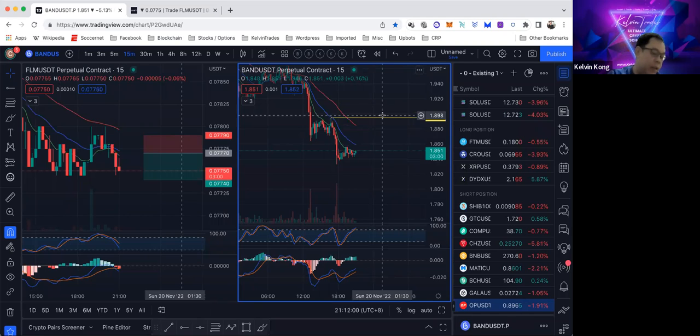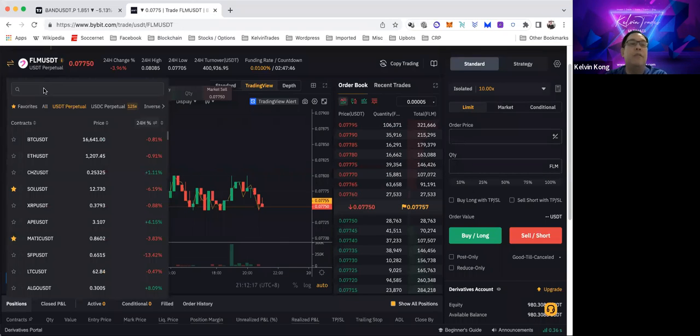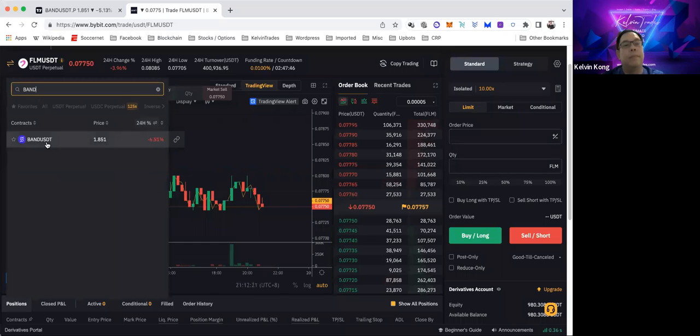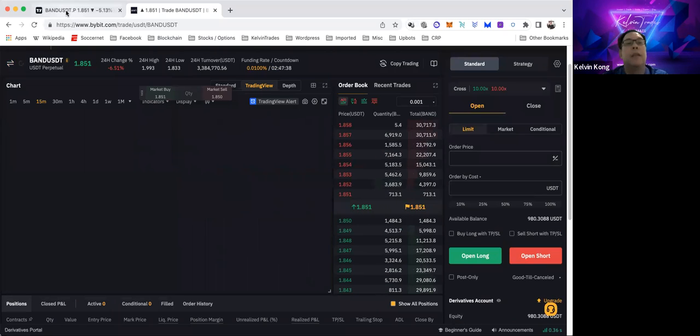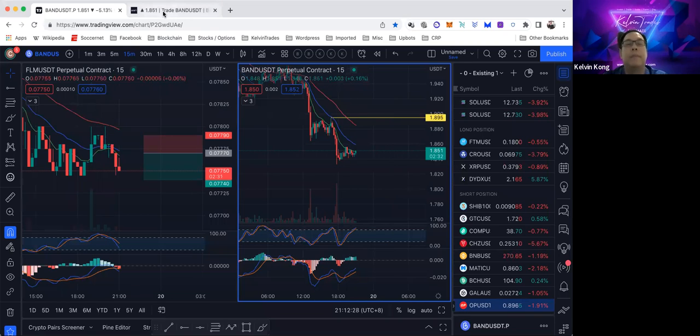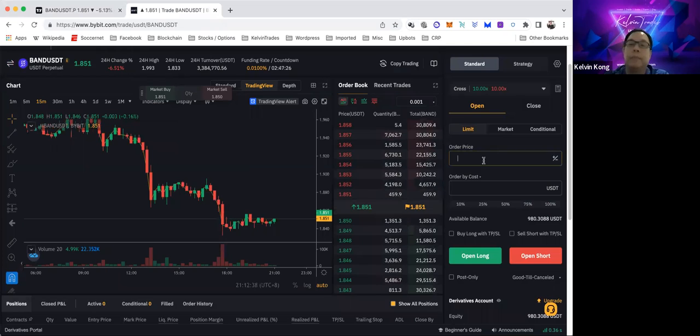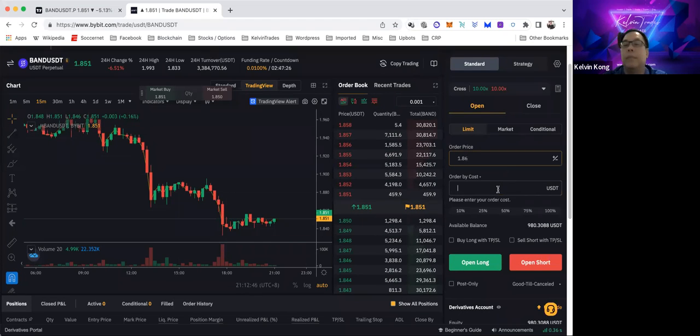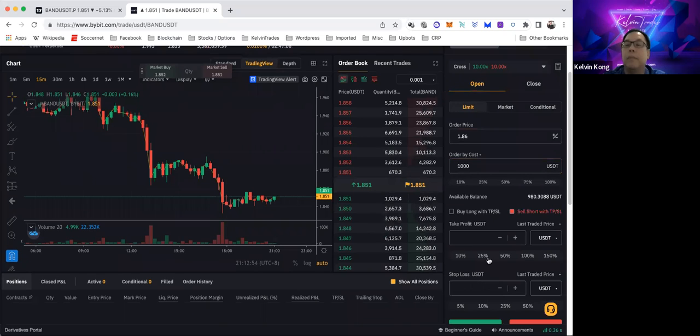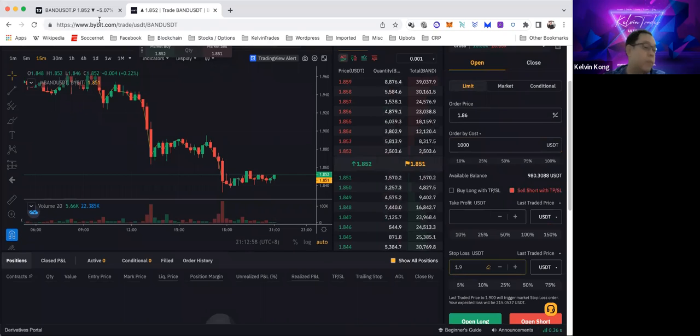Entry would be 1.86, 1.87, 1.88. Let's go to Ben.